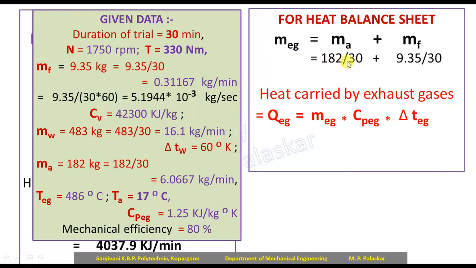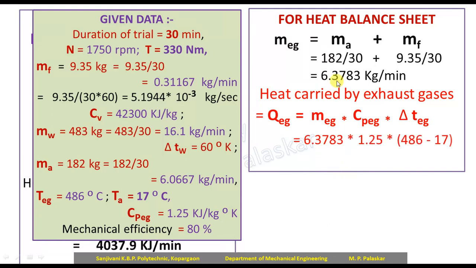So let us substitute the values. Mass of air 182 upon 30 and mass of fuel 9.35 upon 30. We just add these two ratios and finally we get 6.3783 kg per minute as the mass of exhaust gases. So this value is substituted here as 6.3783, and the specific heat of the exhaust gases is given as 1.25 kilojoule per kg per degree Kelvin.